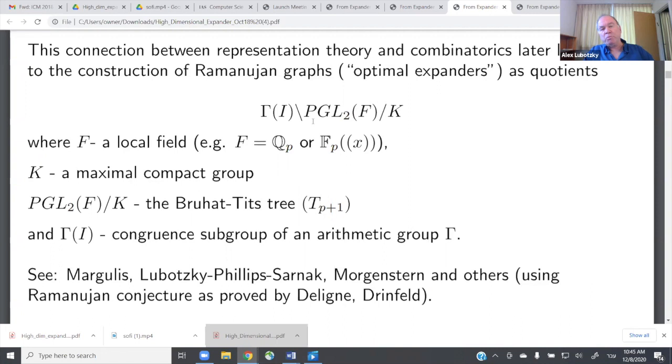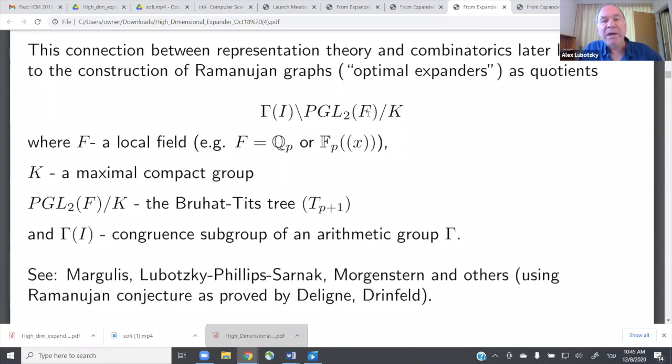If you look at the group PGL2(F), these are the 2x2 invertible matrices over F divided by its center. You divide it by its maximal compact subgroup. Those of you who are familiar with such a story over the real numbers, this is like the analog of the hyperbolic 2-plane. If you take the real numbers, you will get the hyperbolic plane.